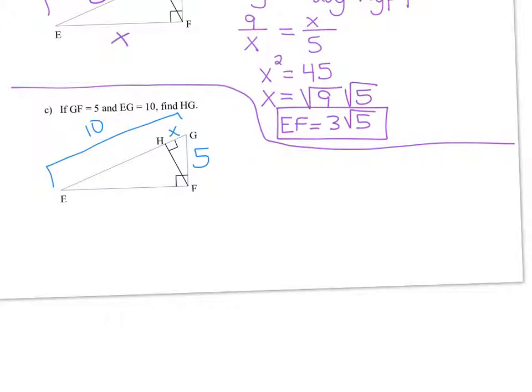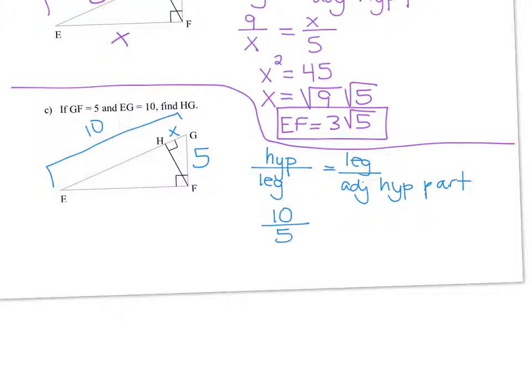Therefore, I'm going to use the fact that my leg is the geometric mean between the hypotenuse and the adjacent hypotenuse part. So I'll write out that as well. Hypotenuse over leg equals leg over adjacent hypotenuse part. And this one's actually a little easier to solve. We have a full hypotenuse of 10 over a leg of 5.